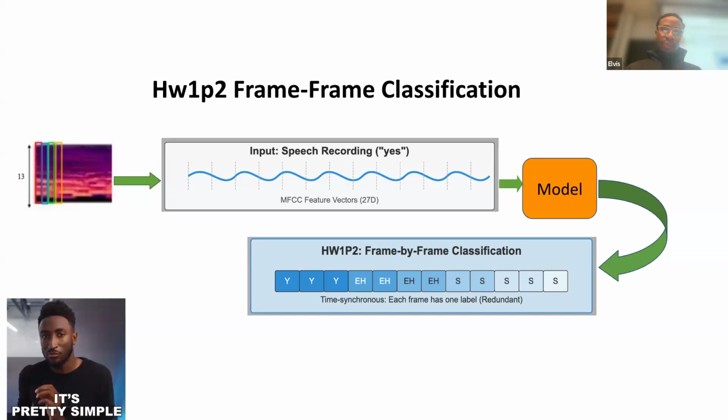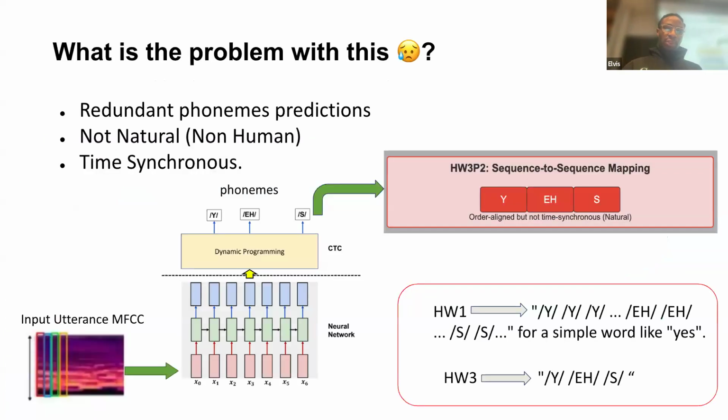And this time around, it will be something much more different than what you saw in homework one, part two. So what problem did we face with just classifying phonemes, where you are given MFCCs and classify each as a particular phoneme? The problem was that it was redundant.